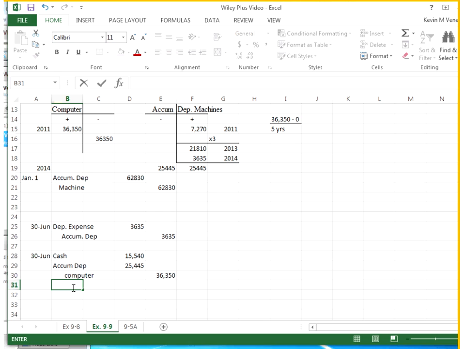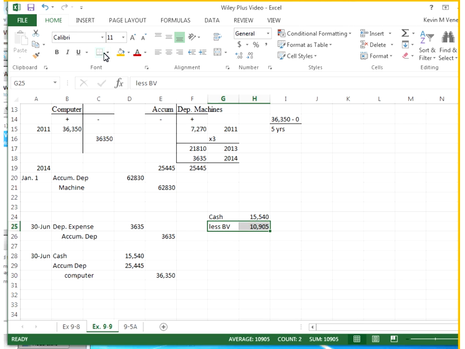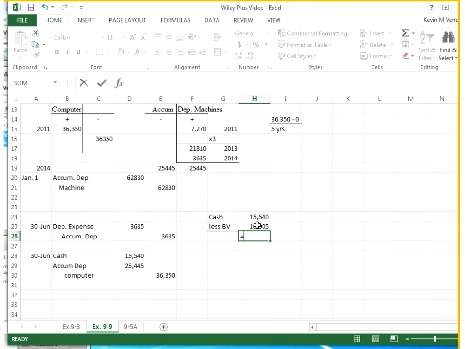So what that tells me is when I sell it for more than it's worth, so let's do that little calculation we talked about in class. What I brought in, cash brought in, was $15,540, less the book value of my asset. Remember, book value is your cost minus your accumulated depreciation total. So therefore, I brought in more than it was worth on my books.